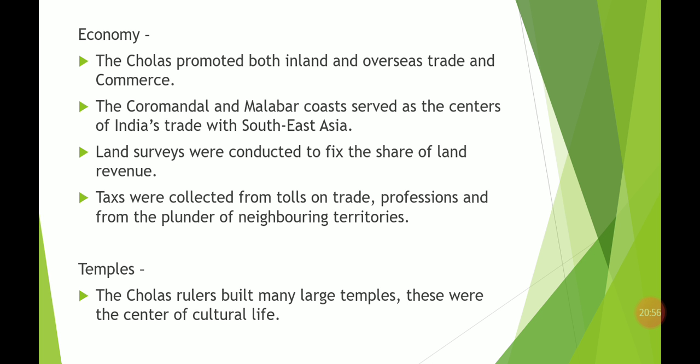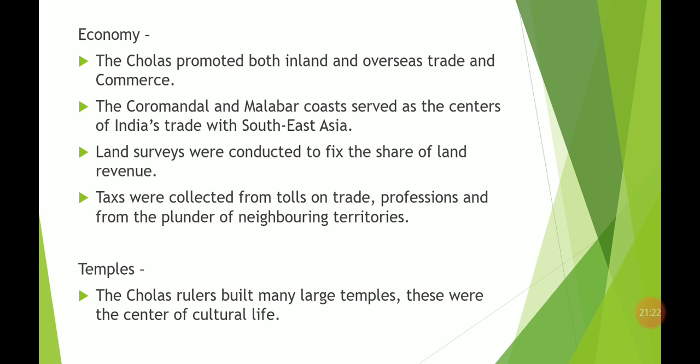So they did trade with the neighboring kingdoms and countries. This shows a prosperous economy of the Chola empire, meaning they were so prosperous during that period that they were able to pay their officials a good amount.